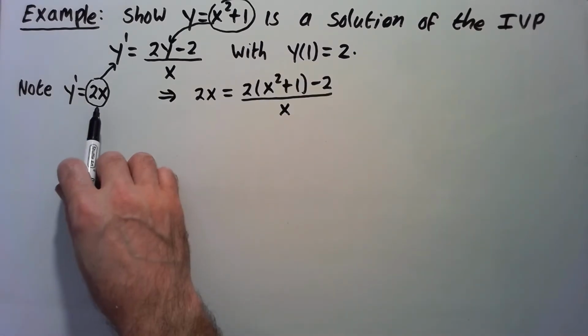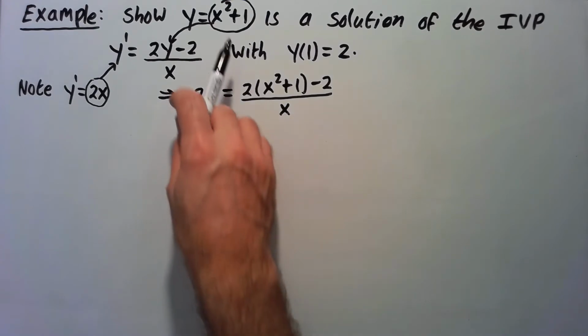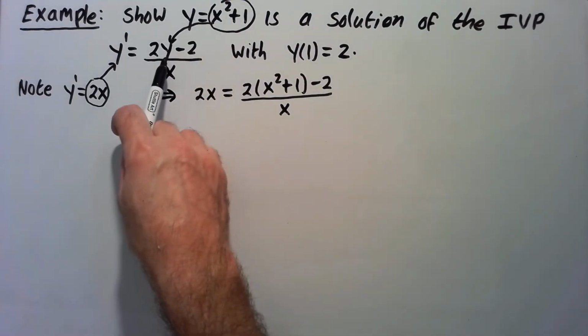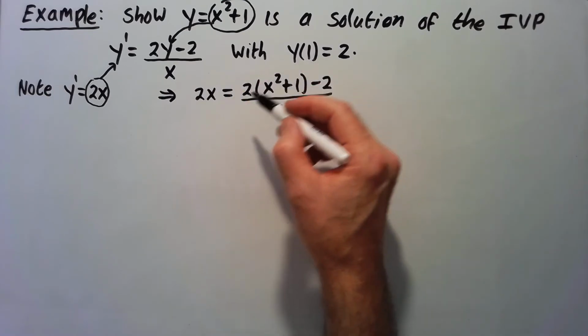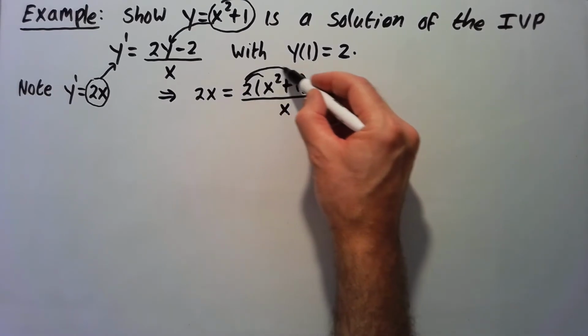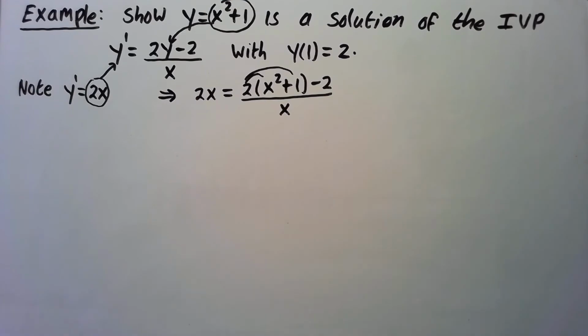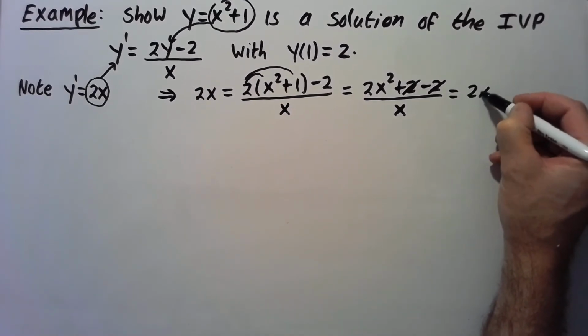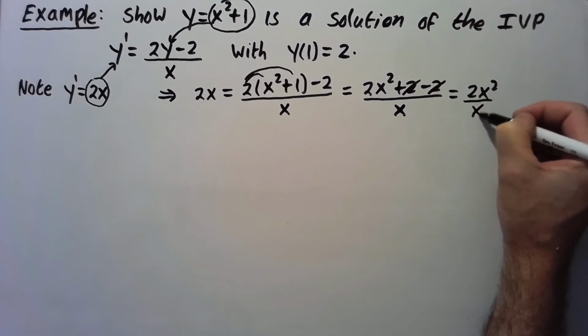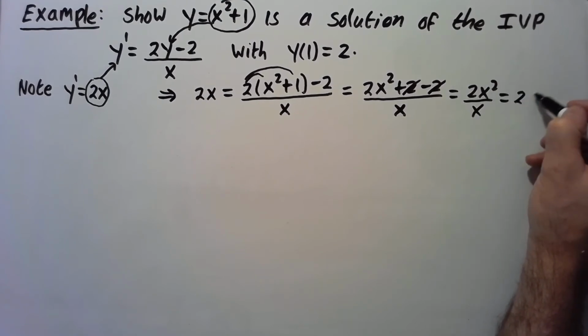Putting the 2x in place of y prime, and the x squared plus 1 in place of y, then distributing and simplifying, we get 2x squared plus 2 minus 2, the 2's cancel. We're left with 2x squared over x, which equals 2x.